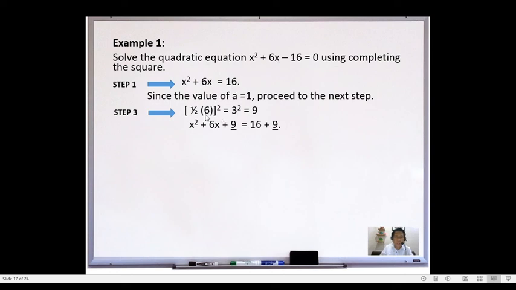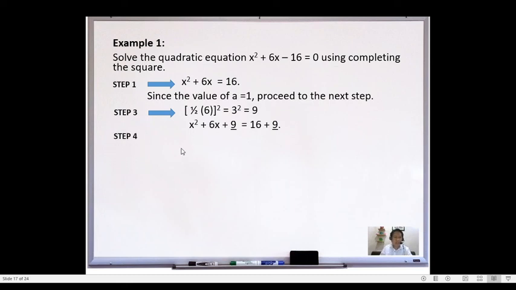So that is 1/2 of 6, that is 3, and then 3 squared is equal to 9. So if we add 9 here, we also add 9 to the other side. So x squared plus 6x plus 9 is already a perfect square trinomial.